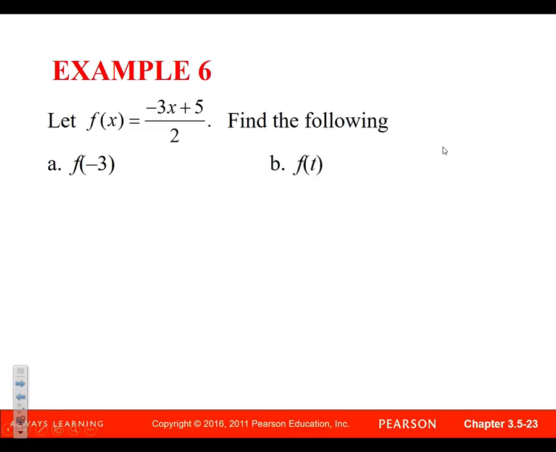That one's a little hard. Wait, so do you want me to do that one with you guys? Okay, so f of t, no sorry, that's not a t at all, that's an x. Let me do this. Equals -3t plus 5 over 2.